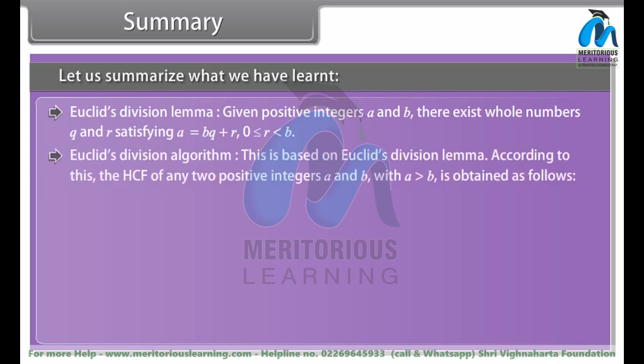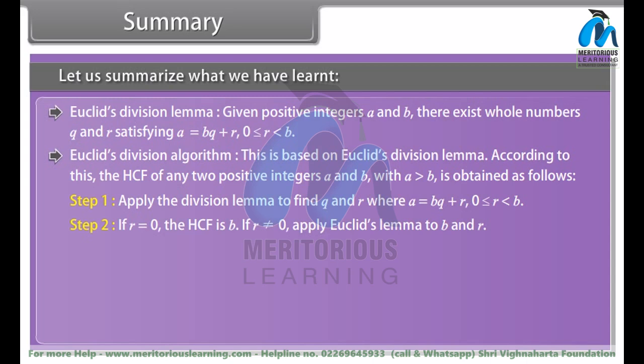Euclid's division algorithm. This is based on Euclid's division lemma. According to this, the HCF of any two positive integers a and b, with a greater than b, is obtained as follows. 1. Apply the division lemma to find q and r, where a is equal to bq plus r, 0 is smaller than or equal to r, which is smaller than b. 2.